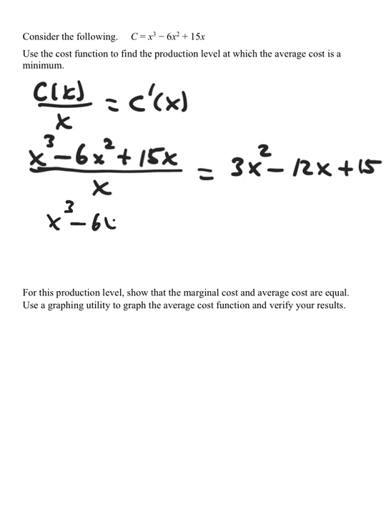On the left side of the equation, you wind up with your numerator. On the right side, you multiply them all by x. 3x cubed minus 12x squared plus 15x. The 15x's are identical on each side, so they can be removed.